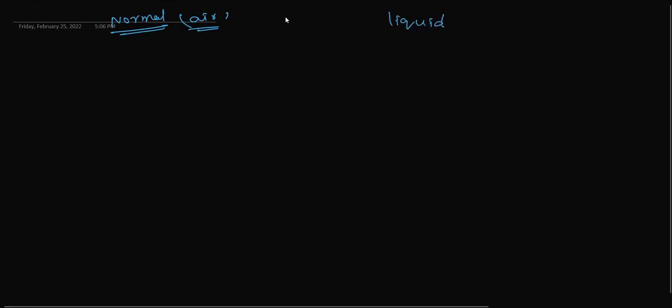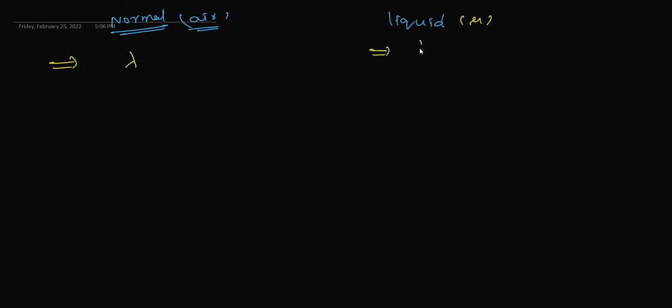If YDSE is performed in a liquid of refractive index mu, the wavelength decreases to lambda by mu, which we learned in ray optics. We know the fringe width beta equals lambda D by d.